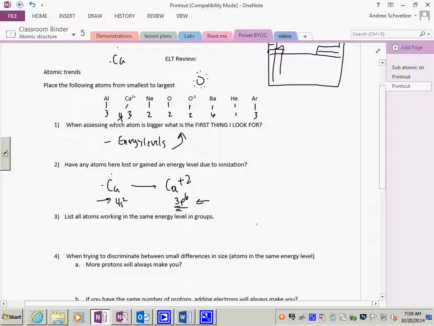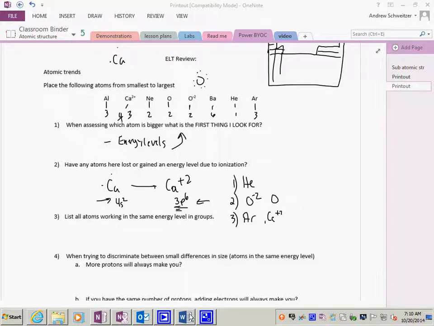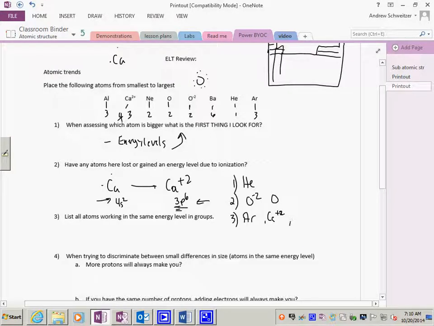List all atoms in the same energy level and in groups. In the first energy level, we have helium, and that's it. The second energy level, we have oxide, we have oxygen, that's it. The third energy level, we have argon, calcium plus 2, and aluminum.